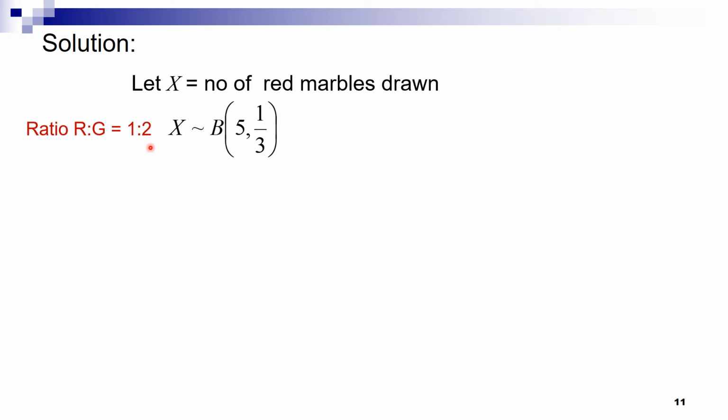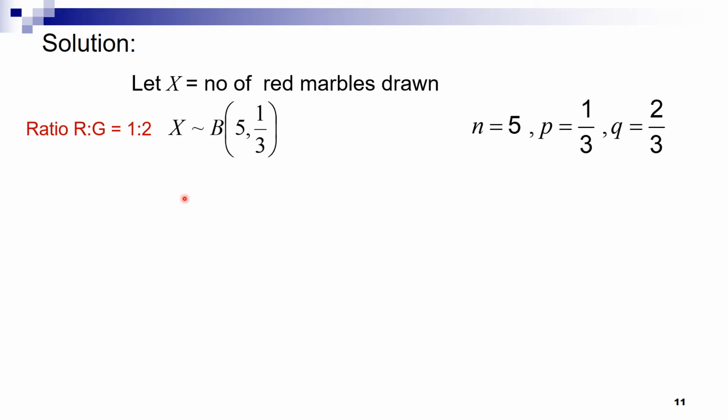So the total is 3 parts. So we have red marbles is just 1 part out of the 3 parts. So we have 1/3. So now your n is 5, your p is 1/3, your q is 2/3.